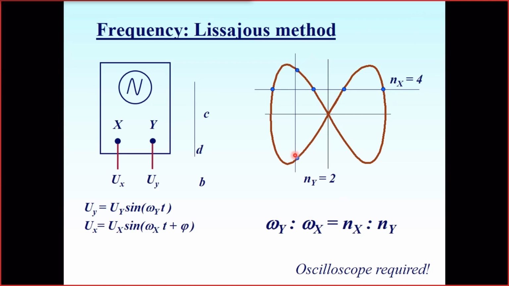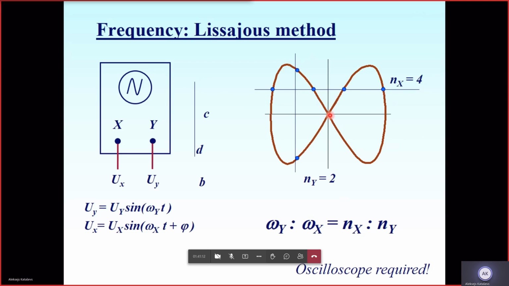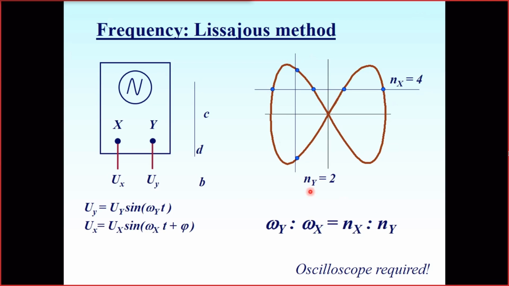The general rule: when we look at this figure, we try to adjust the reference frequency to make the figure as still as possible, and then we count how many times the figure crosses a horizontal line and a vertical line. For this example, an arbitrary horizontal line is crossed a maximum of 4 times. So we need to find the maximal number of crossings.